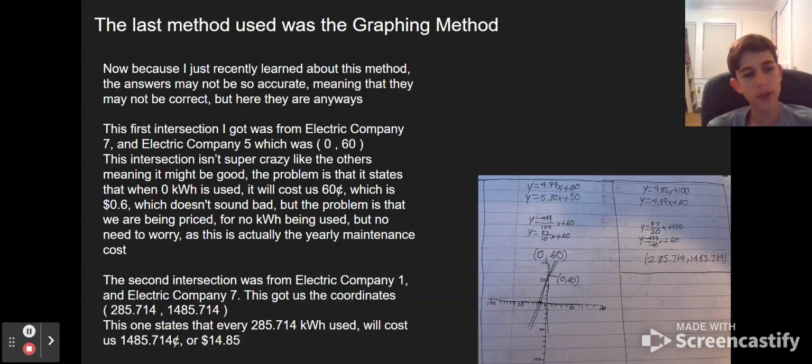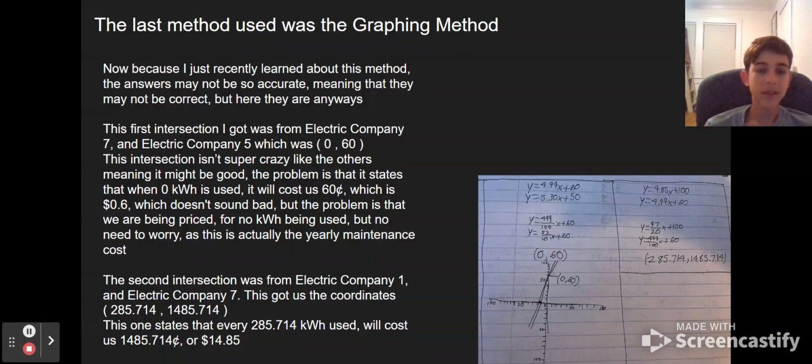At first I thought, oh, that's the yearly maintenance cost as said in the slide. But now I think that doesn't make sense, because they would say 60 cents, even though it should be $60. So the thing is just kind of weird how it's laid out, but that's the only problem I've found so far.